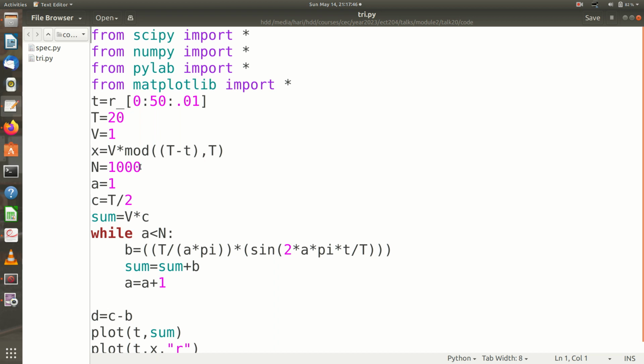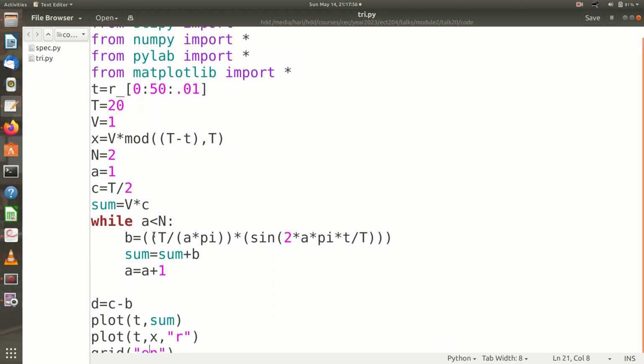Then let us consider that I take the first two components. So sum is equal to V times C, where C equals T by 2, because I initialize the sum with the DC value, that is VT by 2.